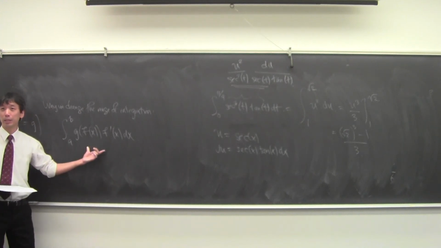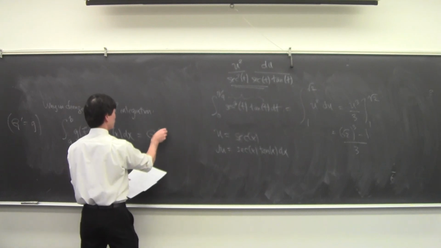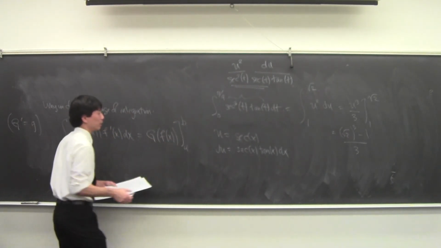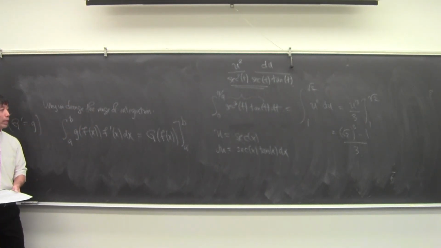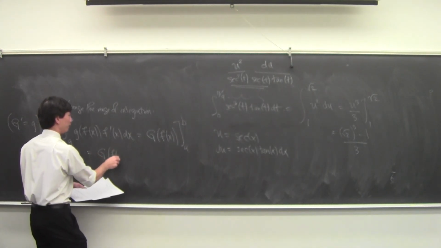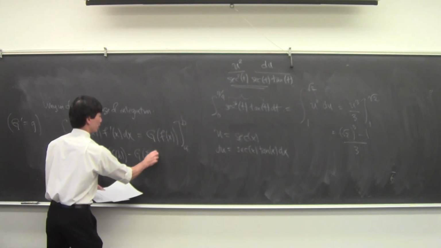If we're integrating something like this, that's going to be big G evaluated between A and B. Big G of f of x between A and B. That's big G of f of B minus big G of f of A.